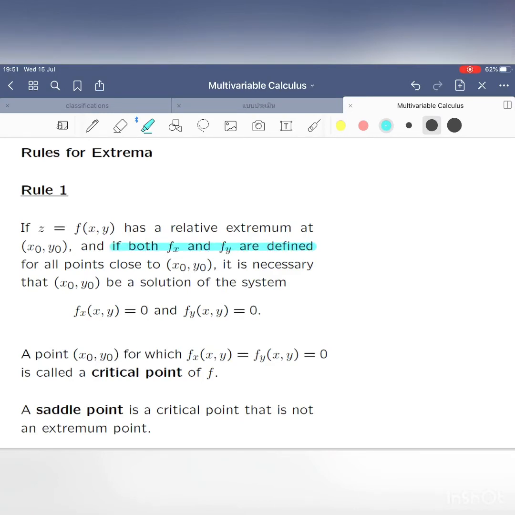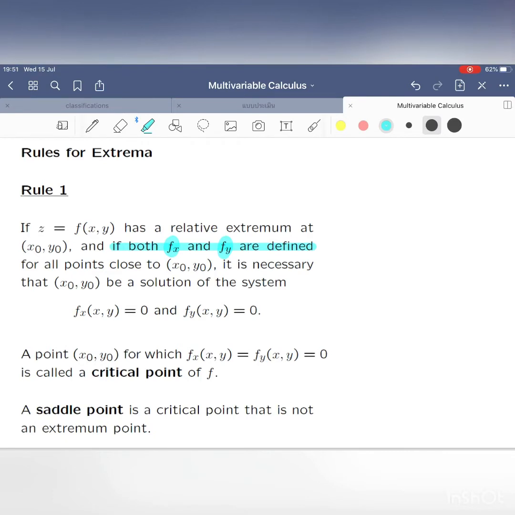So for the function of two variables, we are not going to look at the case where your f sub x or f sub y are not defined, or do not exist. This is the most important assumption.